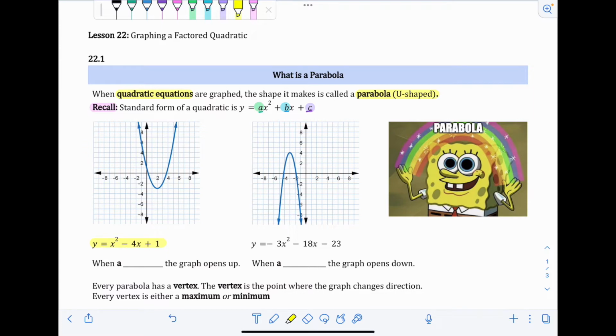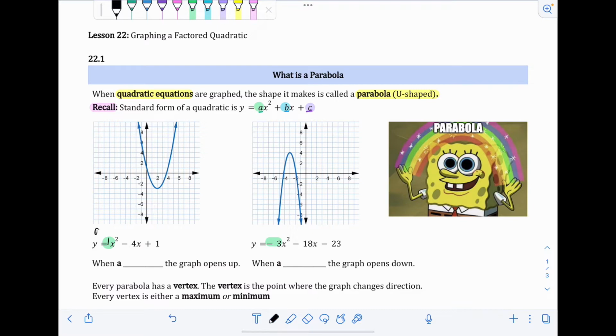The second one is y equals negative 3x squared minus 18x minus 23. Remember a is the coefficient of the x squared term. In the first one, there's no number there, so a is 1. In the second one, the coefficient of x squared is negative 3.